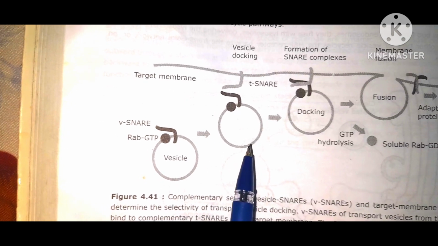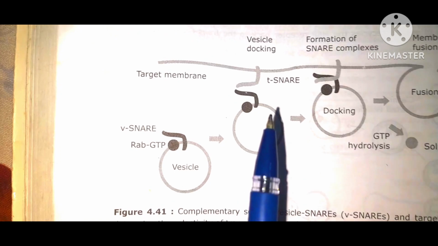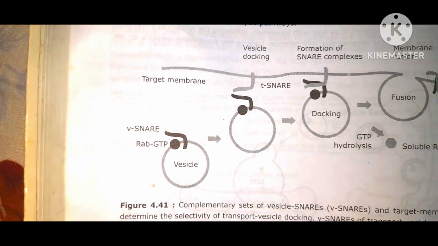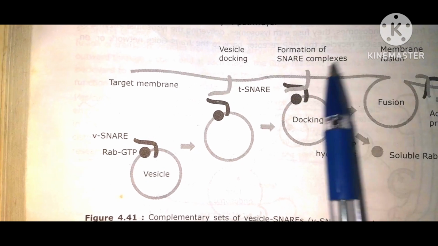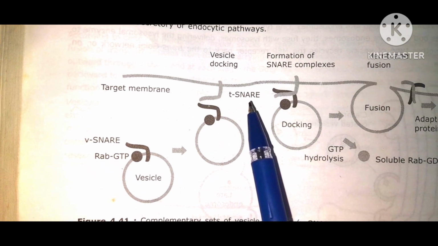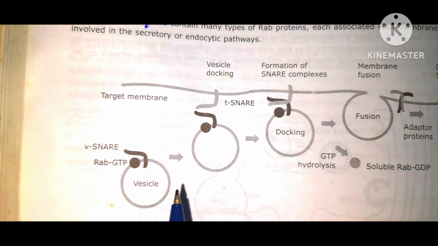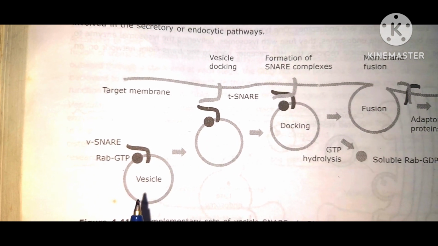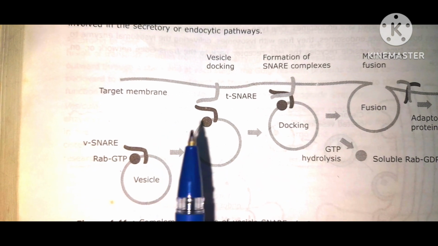Now the next step, here look, t-SNARE. The full form of t-SNARE is target membrane SNARE protein, and the first step, vesicle docking, occurs. So the vesicle comes in close contact with the target membrane t-SNARE.